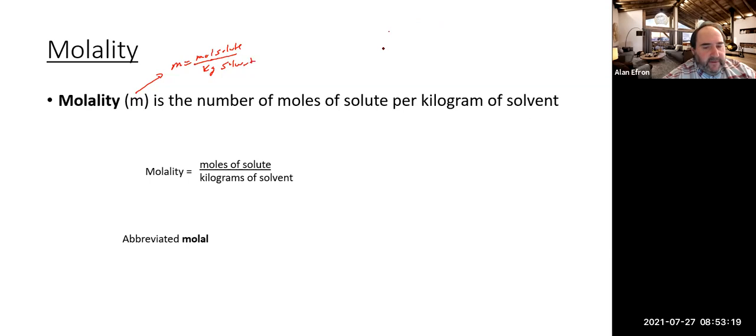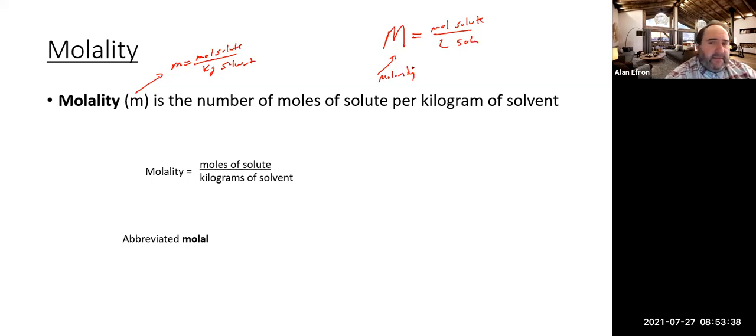Again, not to be confused with capital M, molarity, which is moles of solute over liters of solution. So they are, again, different units.